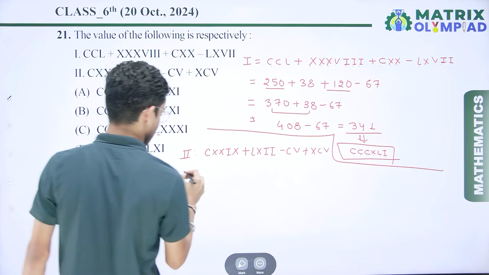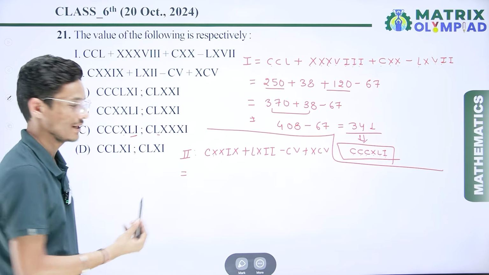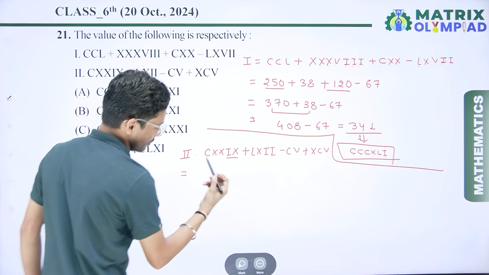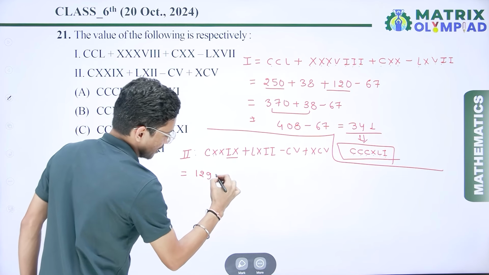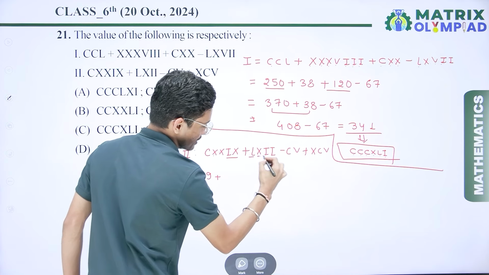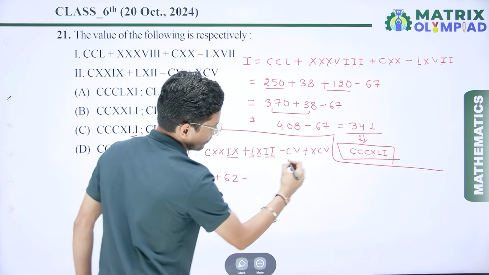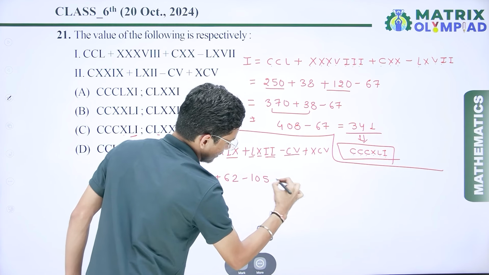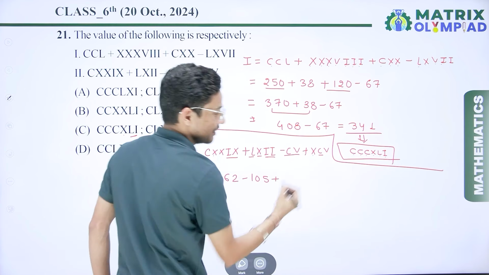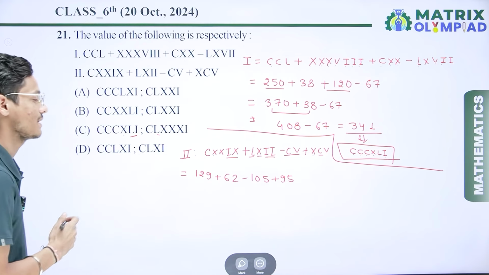So here I can say that again C means 100. So 100 plus 10, 110, 120 and 129. So here I can say that 129 plus 50, 60 and 62 minus 105 again plus 190 and 95. So here we have to simplify this one.